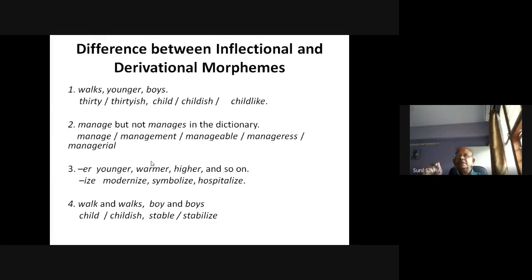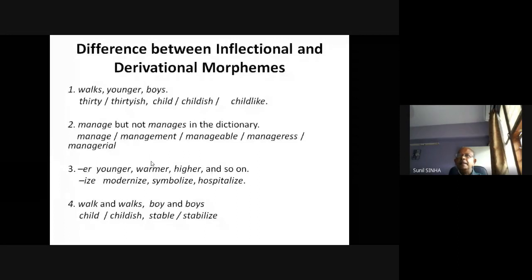The grammar of English tells us that if you want to convert a verb from manage to manages, you have to add es. That is, I manage the show, he manages the show. So es is needed when there is a third person singular pronoun, he. So you do not find words with inflectional morphemes in the dictionary as separate entries.